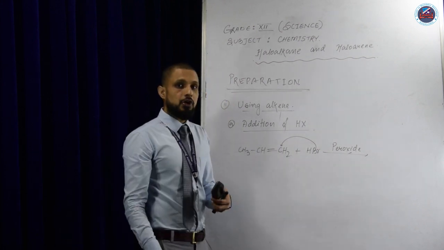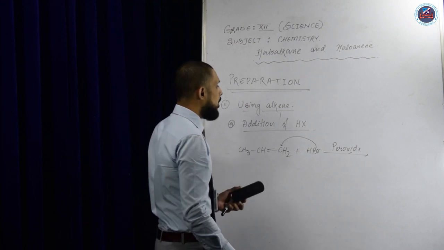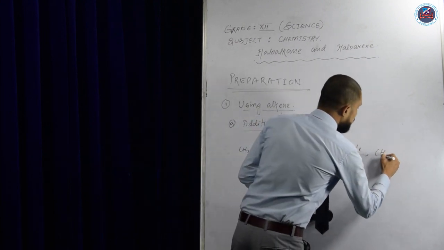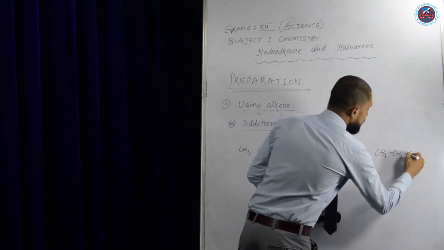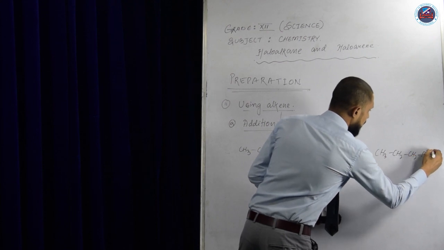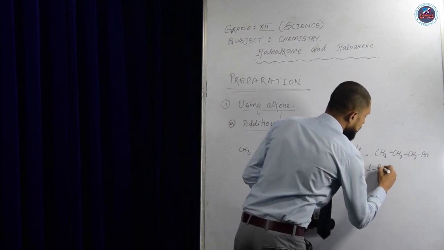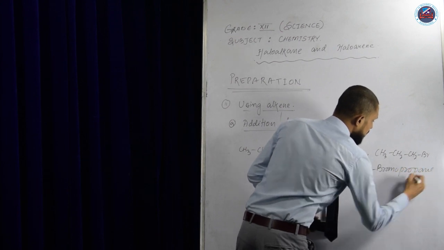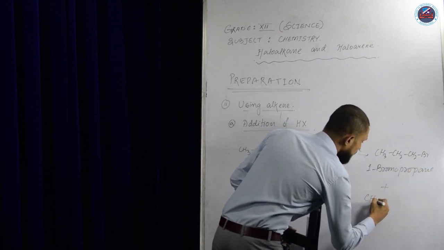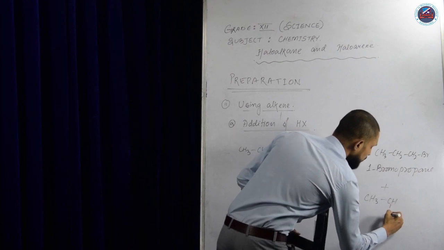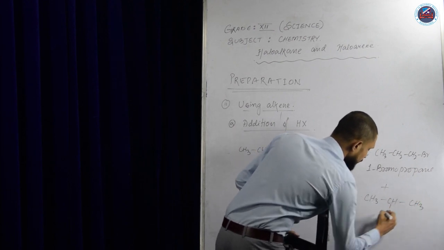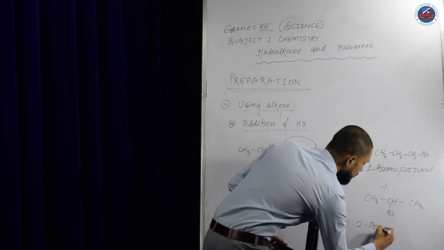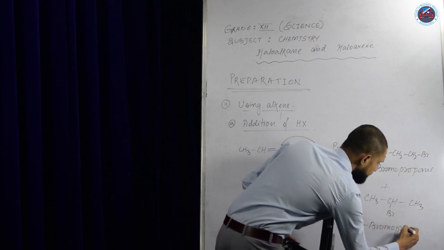So the major product formed in anti-Markovnikov rule is CH3 CH2 CH2 Br, that is 1-bromopropane. And the minor product formed is CH3 CH Br CH3, that is 2-bromopropane.